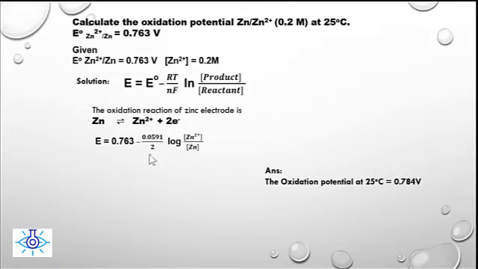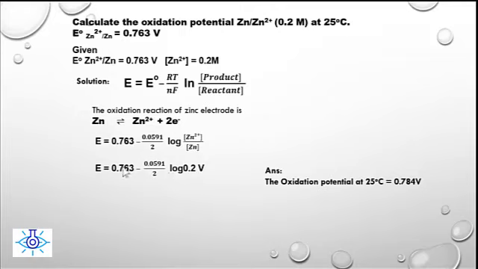So you divide by 2, log [Zn2+]/[Zn]. The concentration of Zn2+ is already given in the problem, 0.2. Zinc being a pure metal, pure solids have activity or concentration of only 1, so anything divided by 1 is the same number.